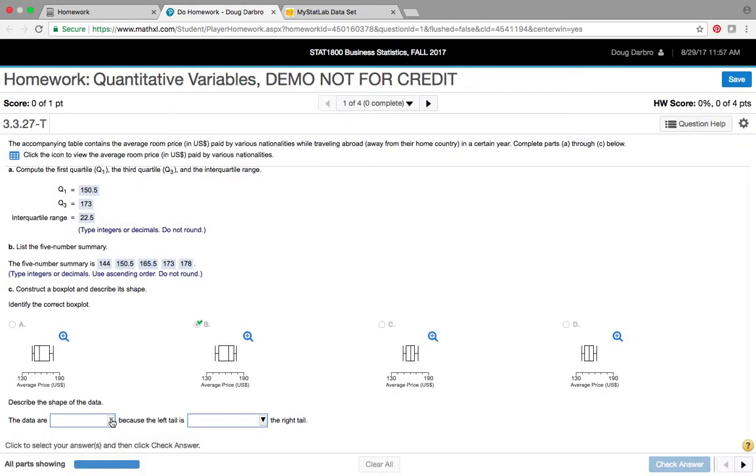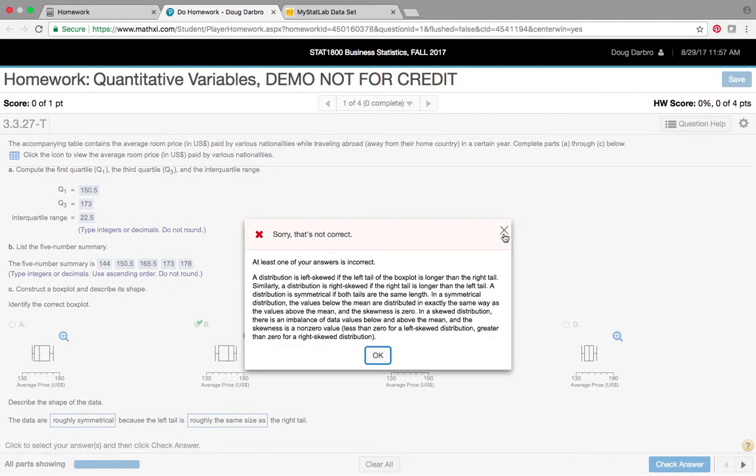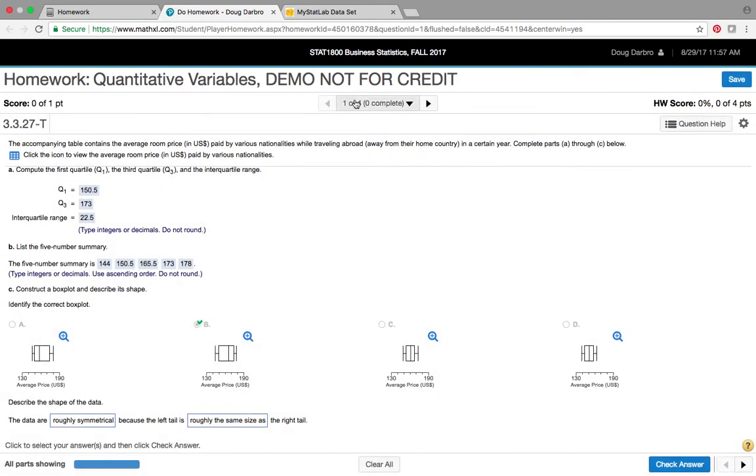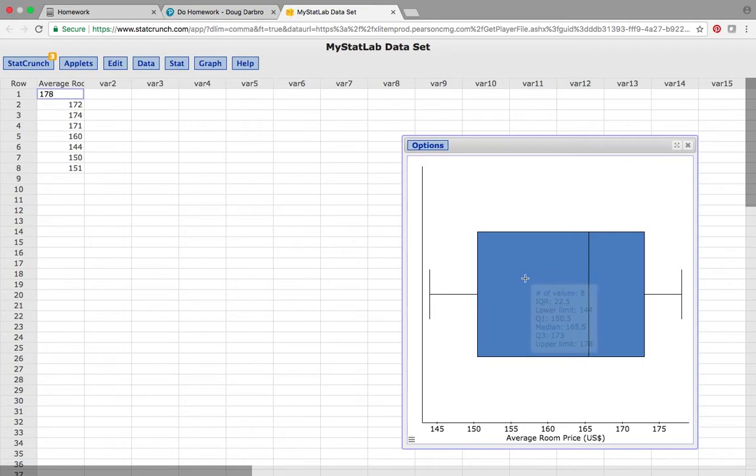Now the data are roughly symmetric because the left tail is roughly the same as the right tail. Now it's catching me on a technicality there, because when somebody says roughly to me, that is roughly the same as that, but it's the reason you get multiple opportunities, right?